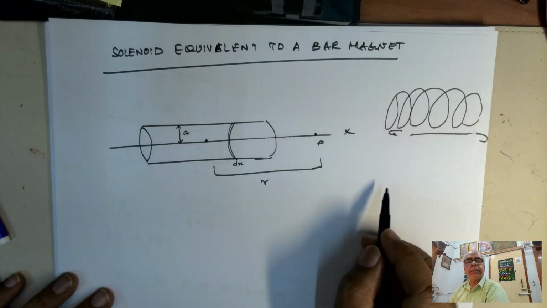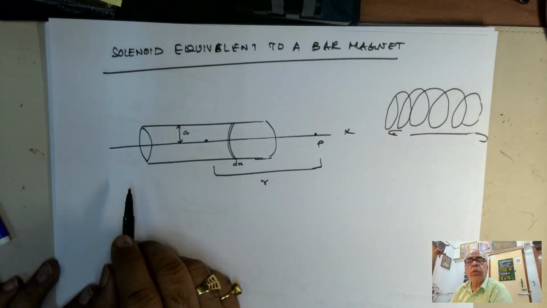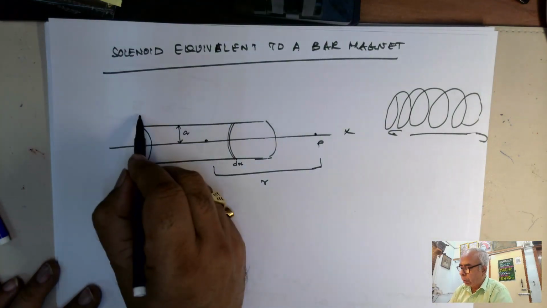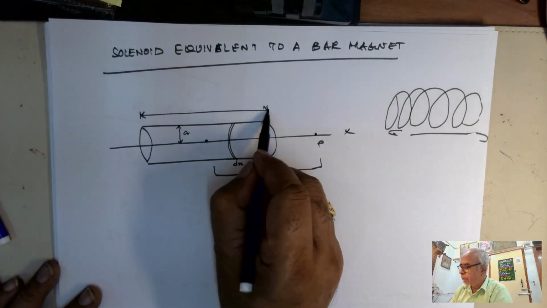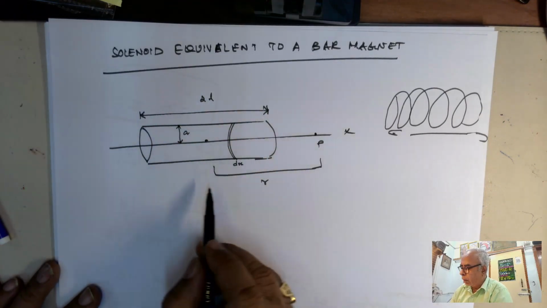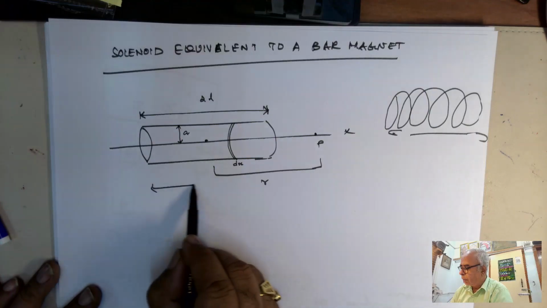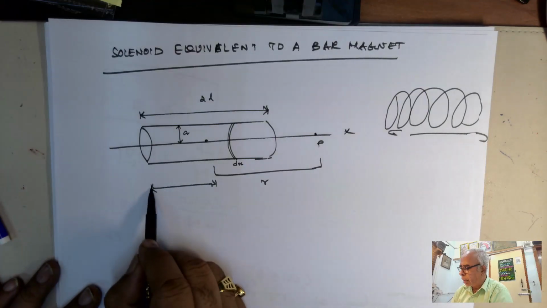So 2L is the length of the solenoid. Therefore, half of this is L.